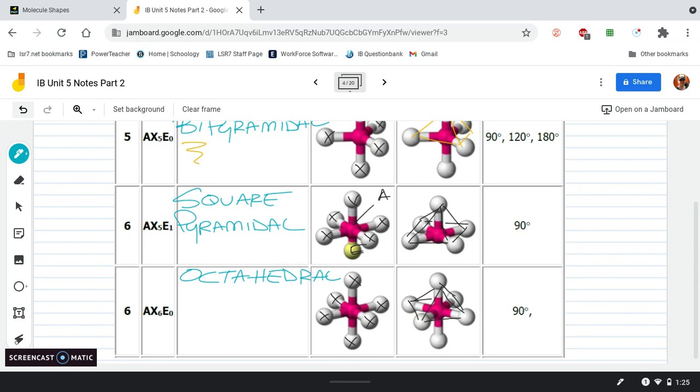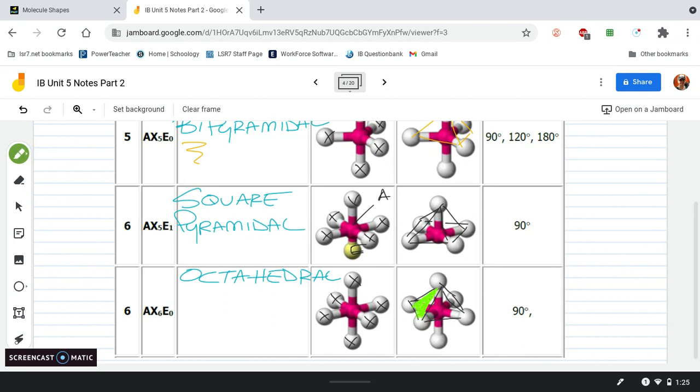This is octahedral, so it has 8 sides. It's basically like a diamond in some regards, a traditional, easy-looking diamond shape. If you think about it, this would be a surface right here.